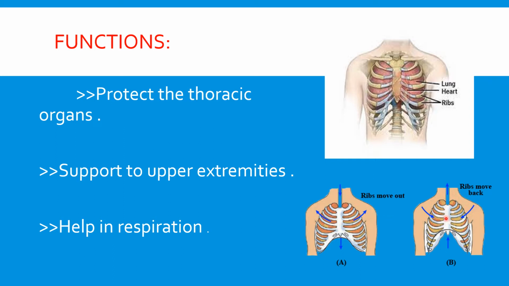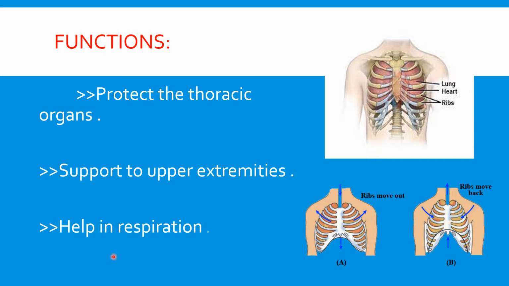And during exhalation, when you have to put out air from your body or from your lungs, all the processes are reversed. First of all, the intercostal muscles will contract and the ribs move downward toward your lungs, and then the size of your lungs will normalize, resulting in exhalation.